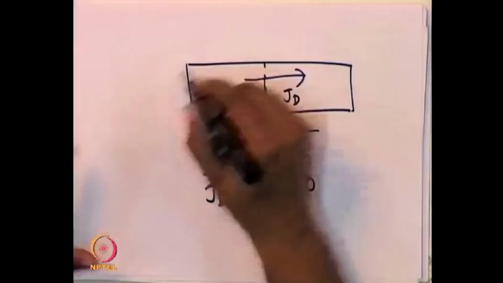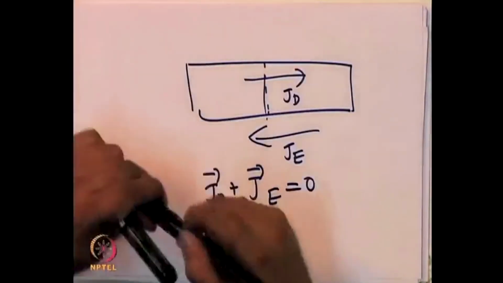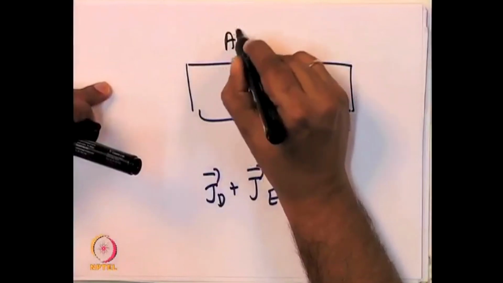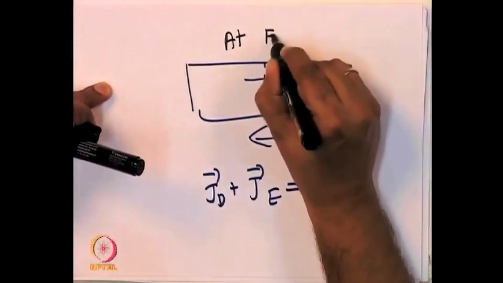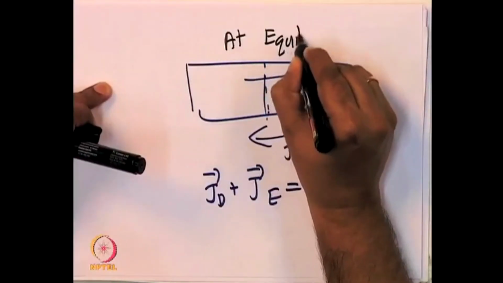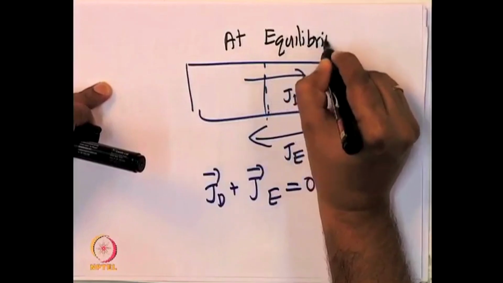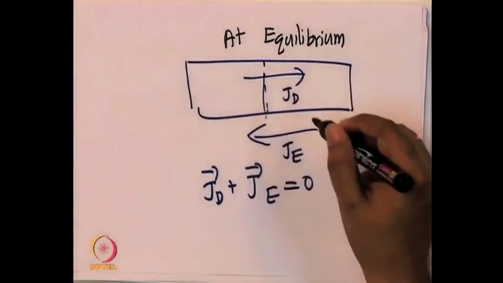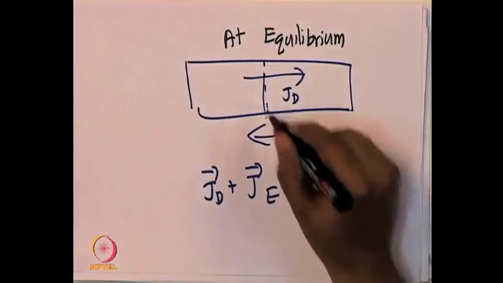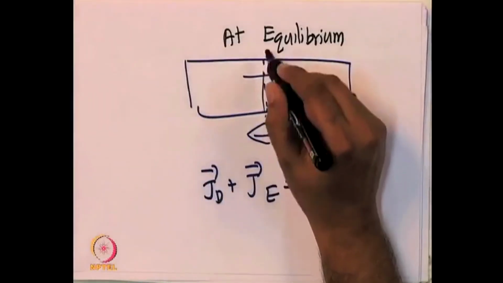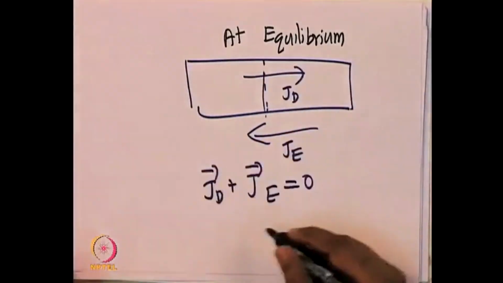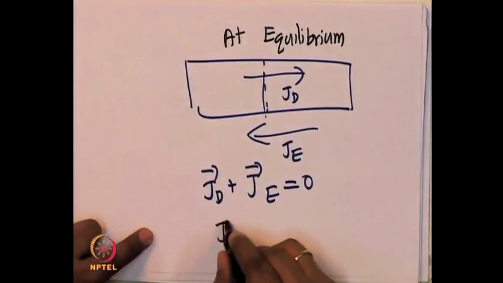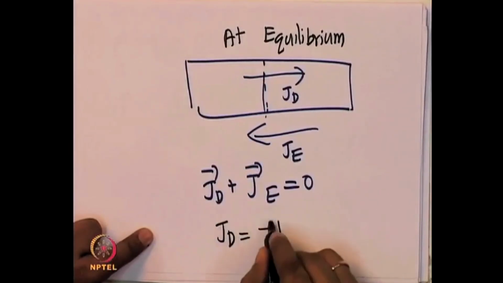Then only will we get this equilibrium. So, at equilibrium, this flow will balance this flow and the total flow at this point will be 0. In other words, J D will be equal to minus J E.